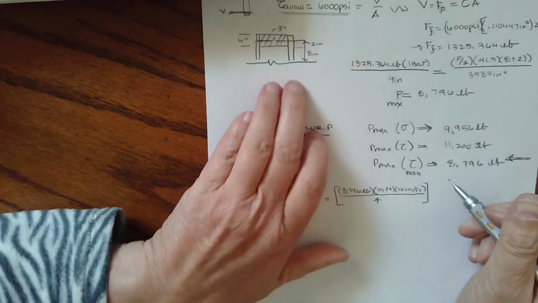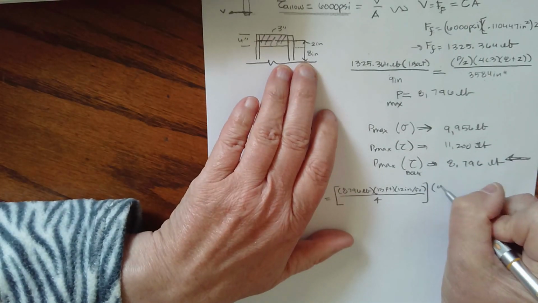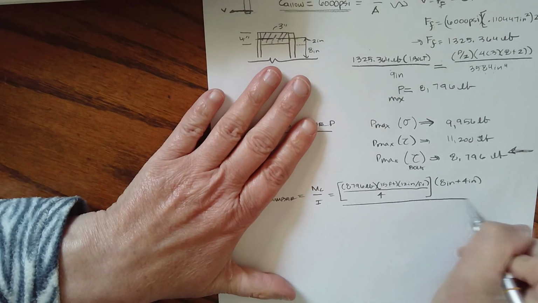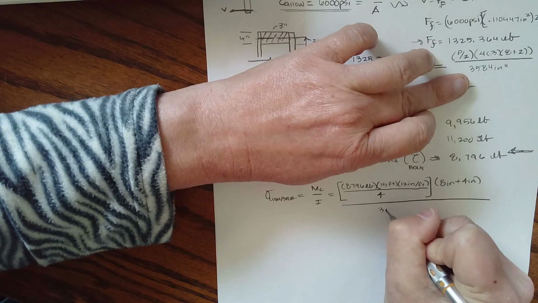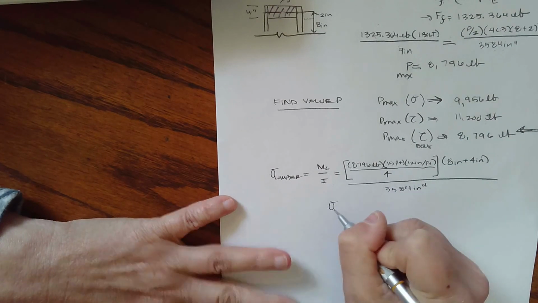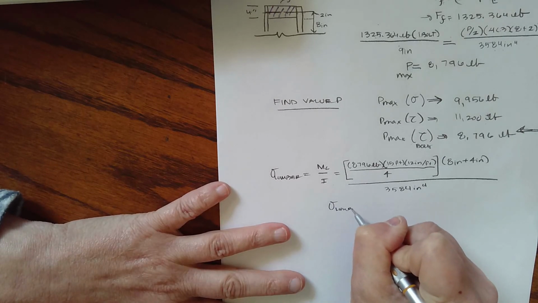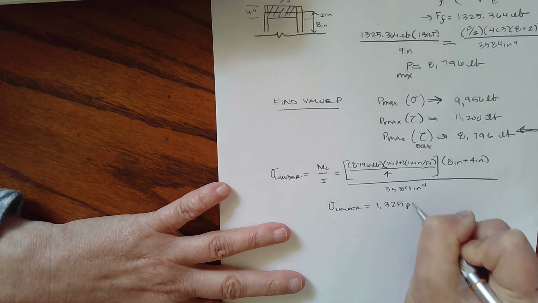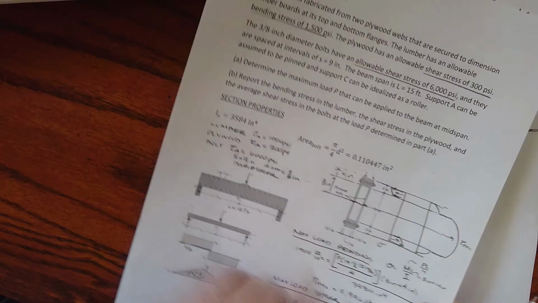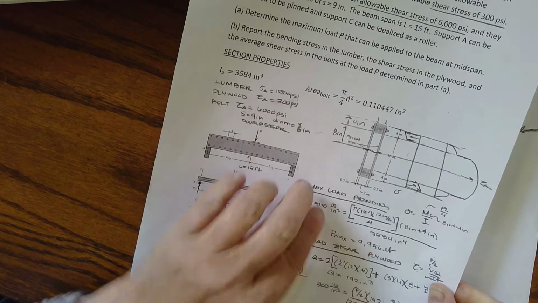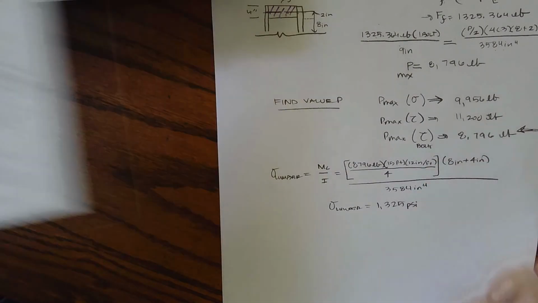C, that was the distance all the way to the outermost fiber. So we had 8 inches plus 4 inches, divided by the moment of inertia, 3584 inches to the 4th. So our normal stress in our lumber is 1,325 psi, which we know is less than yielding because we were not constrained by the bending stress. We were constrained by the bolts.